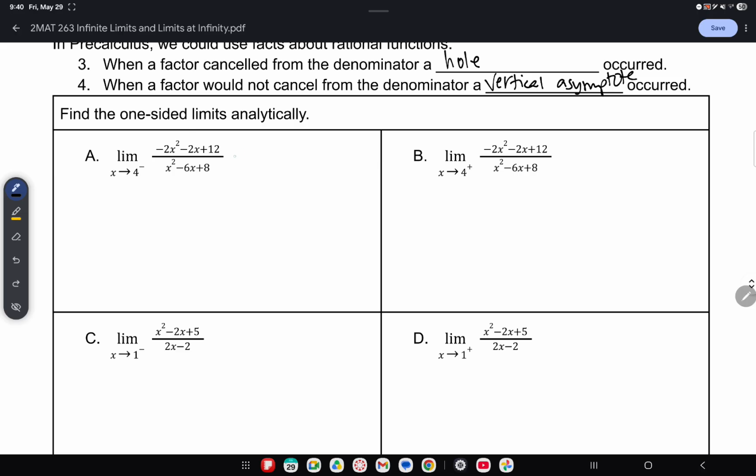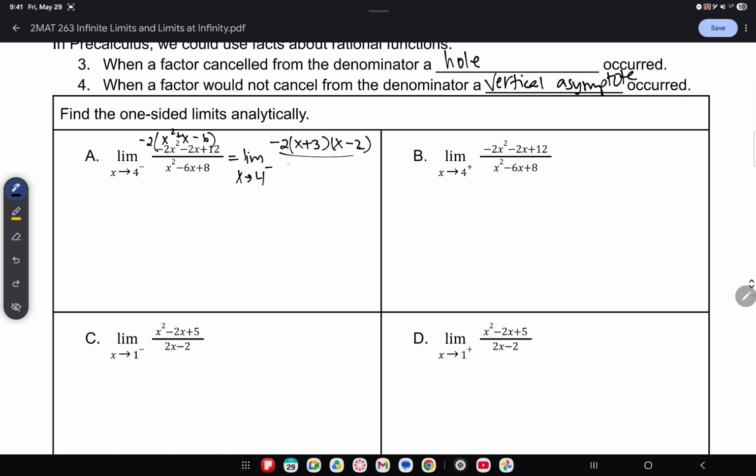So this is the same function as above, I believe. So let's look at trying to factor it. So limit as x approaches 4 from the left. Let's see, that numerator, I think I could take out a negative 2. Maybe it's not the same. I'll be left with x squared plus x minus 6. And then I can factor that further to being (x plus 3)(x minus 2).